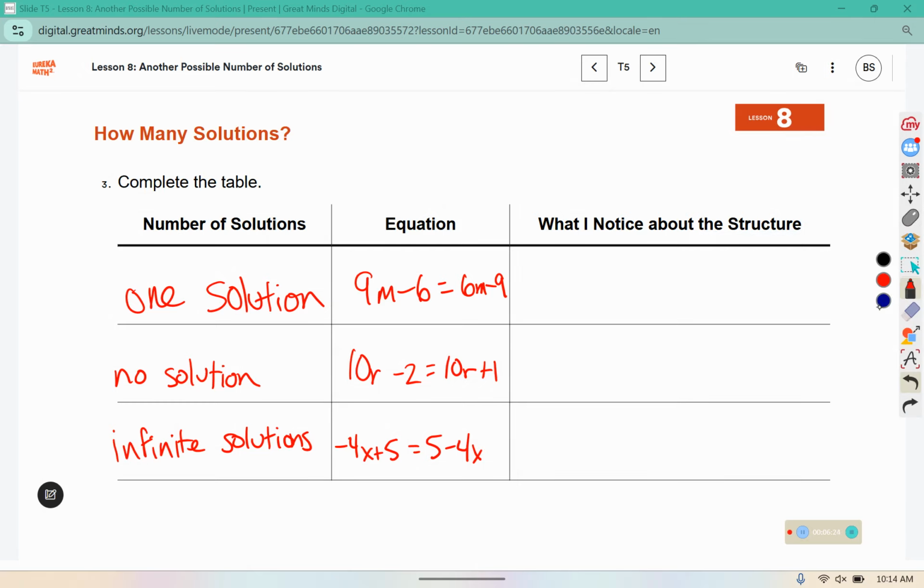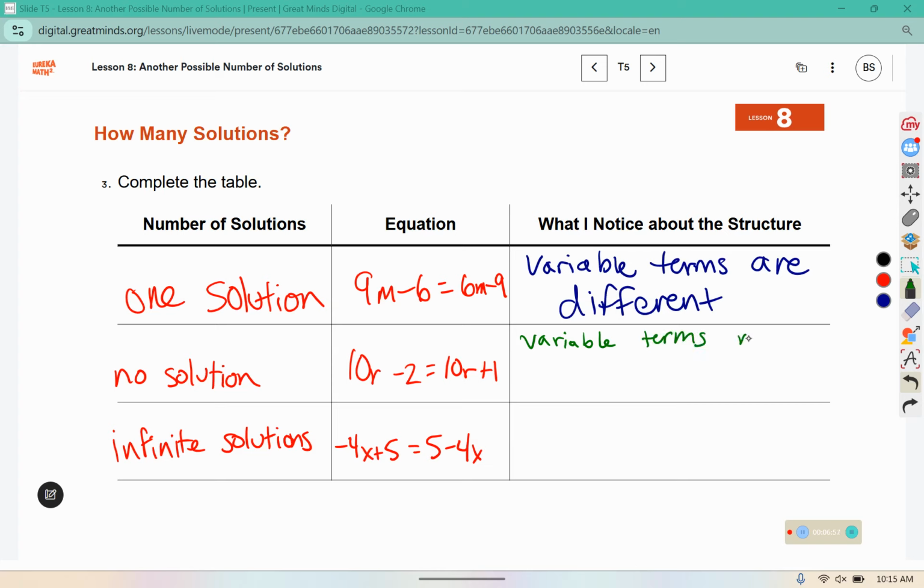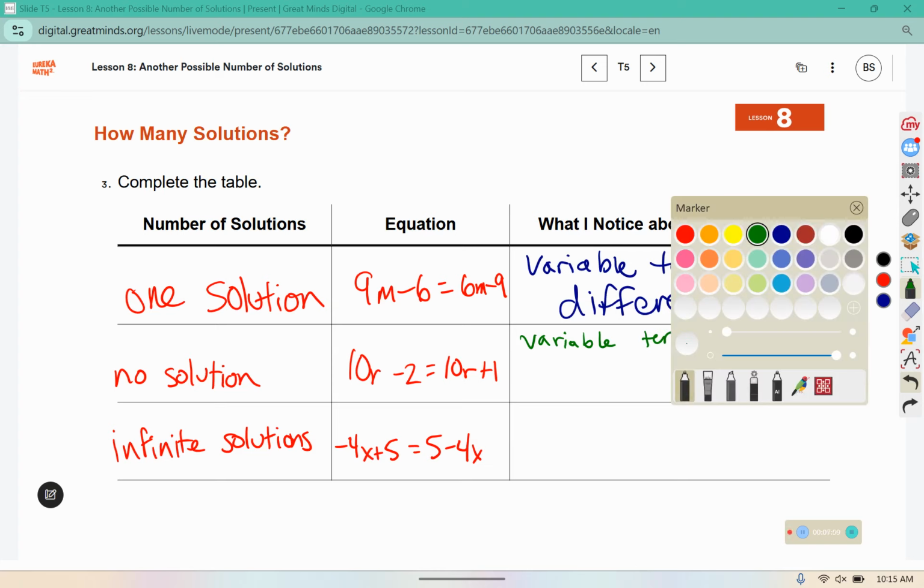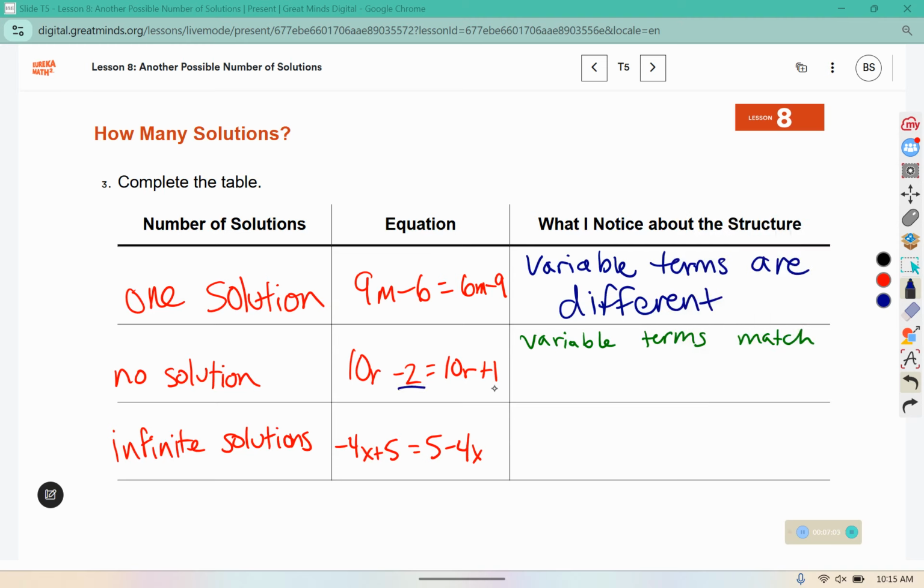In the first one, the variable terms, 9m and 6m, do not match. In the no solution, the variable terms match, but the number terms, negative 2 and 1, do not match.